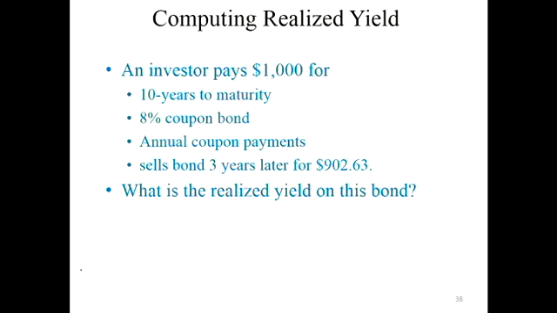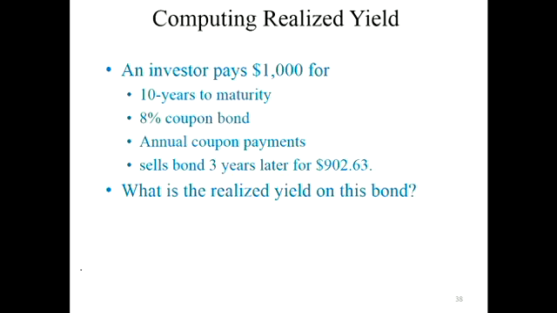Let's draw a timeline here. So here's today, cash flow out $1,000. And then you know that there are going to be 3 cash flows in this particular case. There's going to be one payment of the $80 for the first coupon. The next year you get that other one.